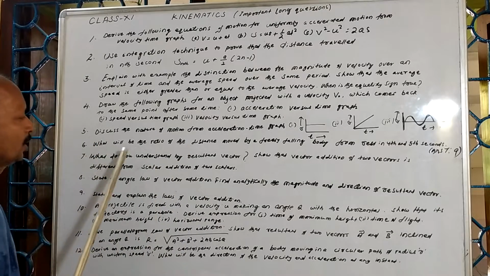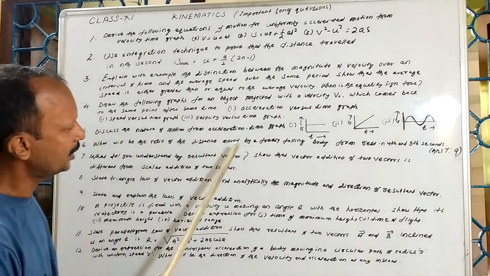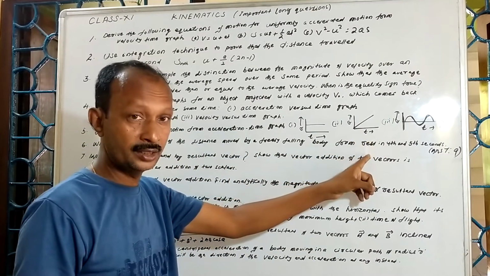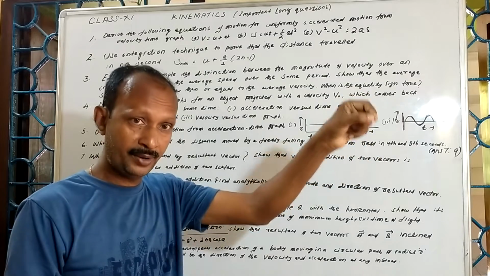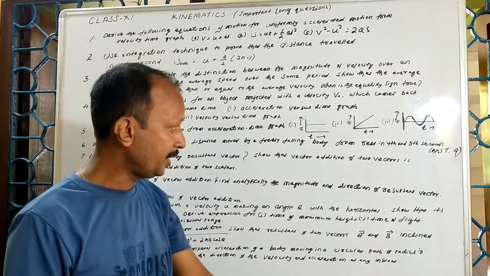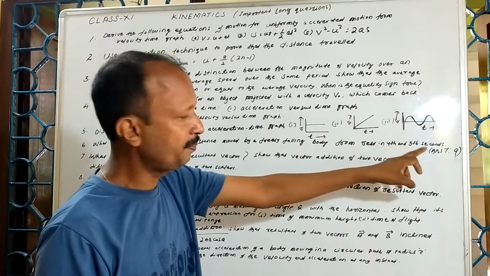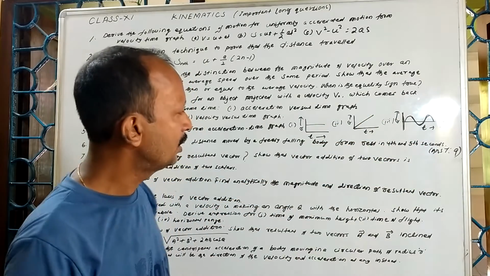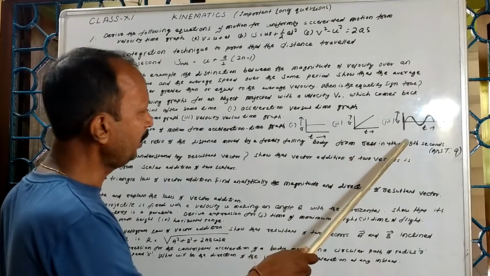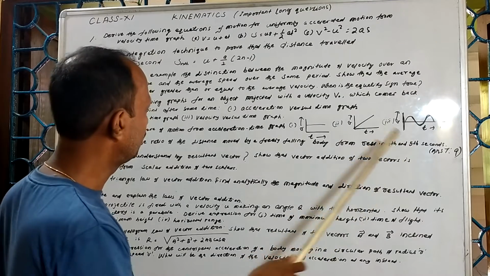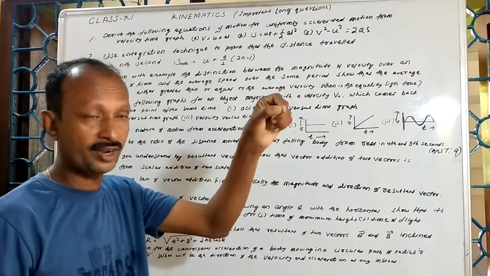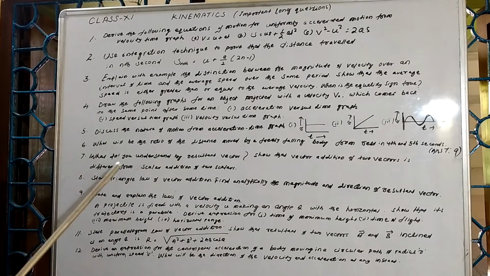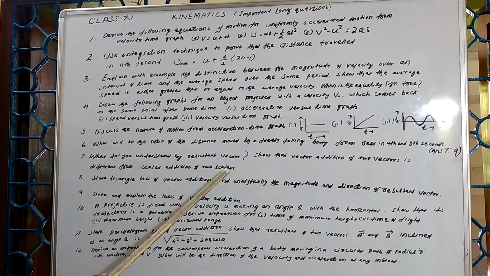Sixth one, what will be the ratio of the distance moved by a freely falling body from rest in the 4th and 5th second? That means you have to show the ratio of the distance travelled by a freely falling body in the 4th and 5th second. 7th question, what do you understand by resultant vector?